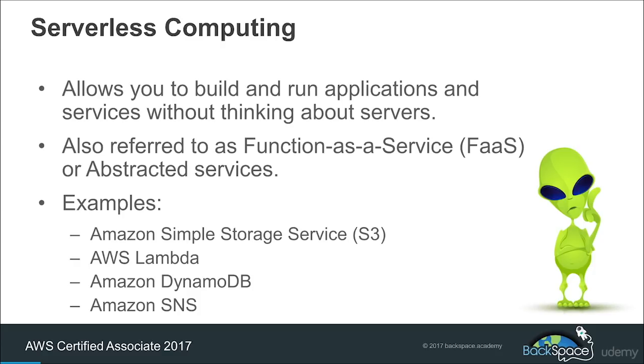We just create a table for that database and AWS looks after everything that is needed to run that database for us, and it worries about everything for that database and the support of that database. Amazon Simple Notification Service is another serverless environment where we can send messages to different devices. We can send push notifications to mobile devices, and we don't need to worry about what's behind that SNS service.